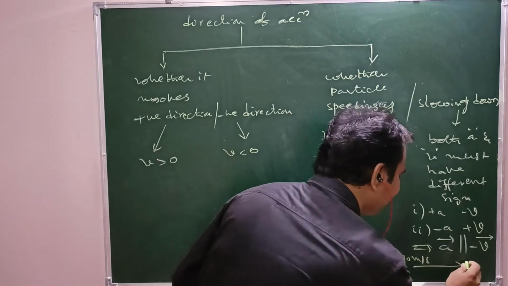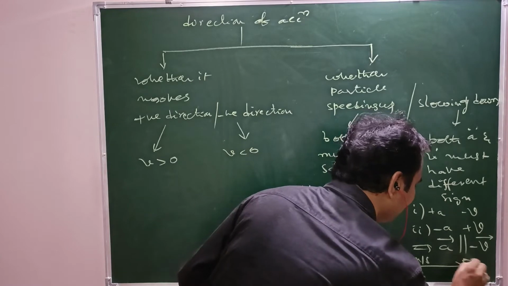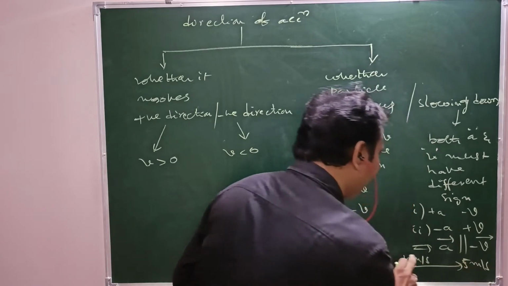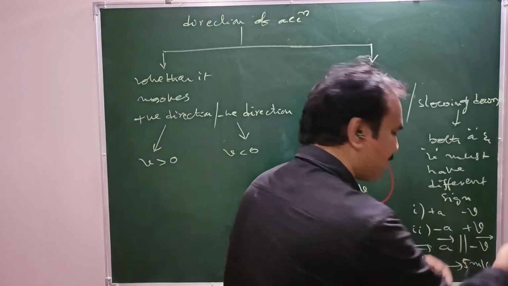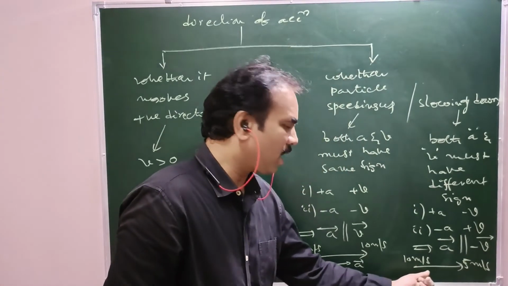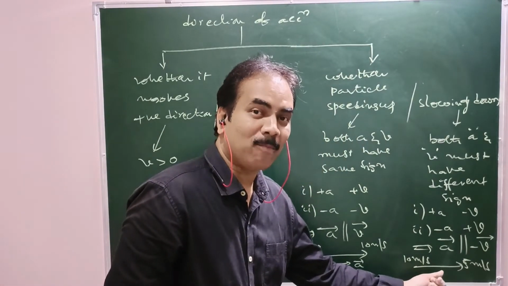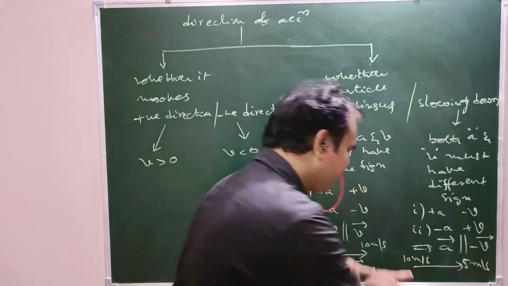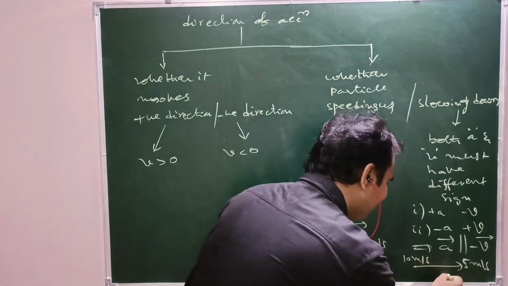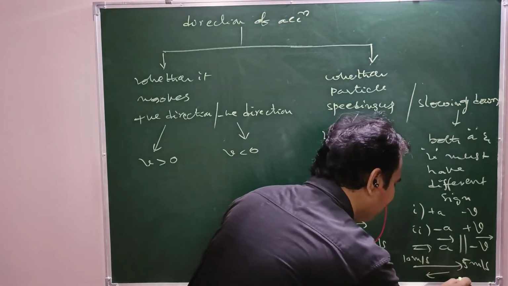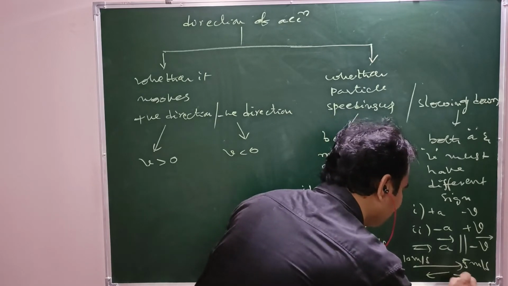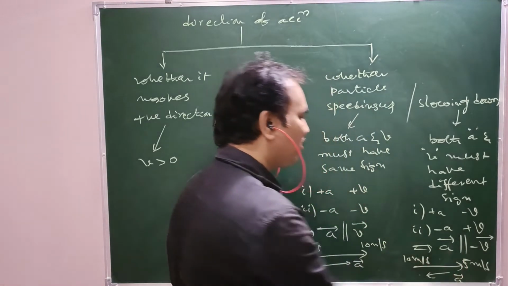As time passes, the velocity here is 5 meters per second. So velocity changes from 10 meters per second to 5 meters per second along a straight line, as an example. Now, what about the direction of acceleration? It is opposite to the direction of motion, otherwise opposite to velocity.